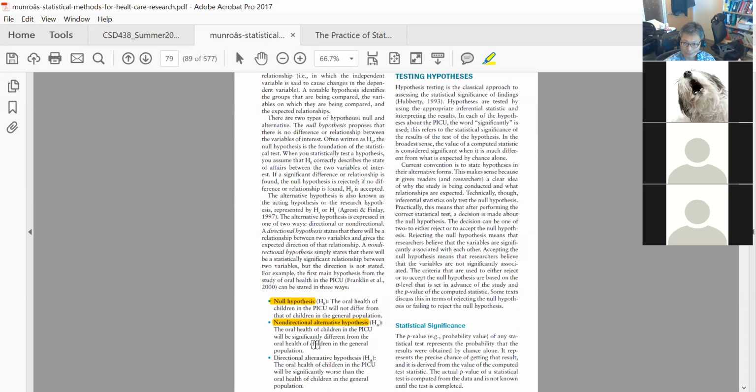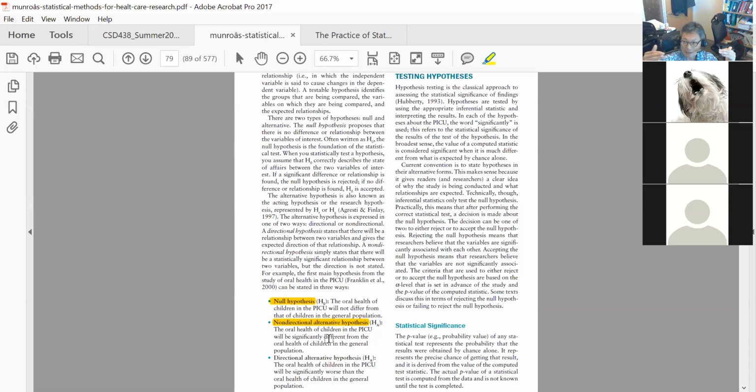Then, as usual, we say there is no difference, will not differ. That kind of statement should be there. But if we say significantly worse or significantly better, that's not the null hypothesis. That should be the alternative hypothesis.